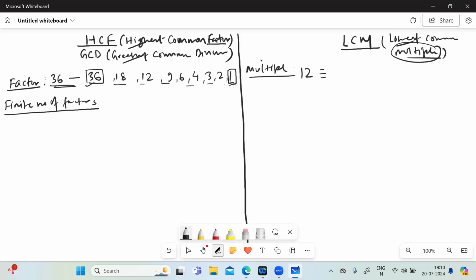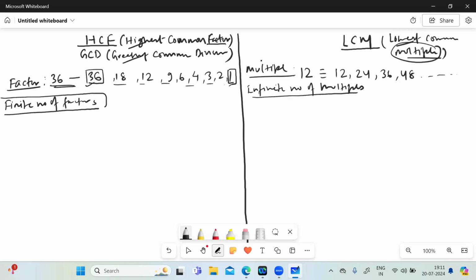All the multiples of 12 will be 12 into 1, which is 12, 12 into 2, 24, 12 into 3, 36, 12 into 4, 48, like this. And there will be an infinite number of multiples for any number. I'm just writing it because although it's not very important to know here, I'm getting you to understand how we see factors and how we see multiples.